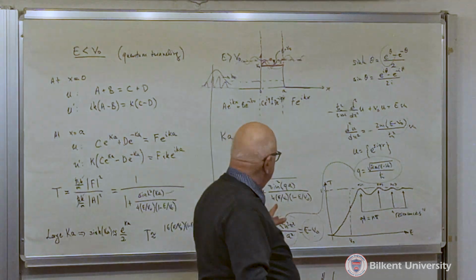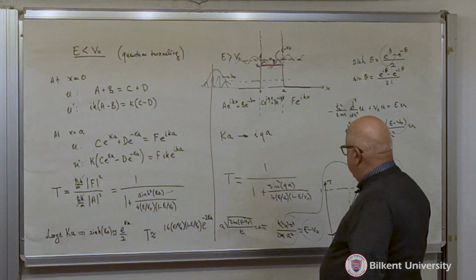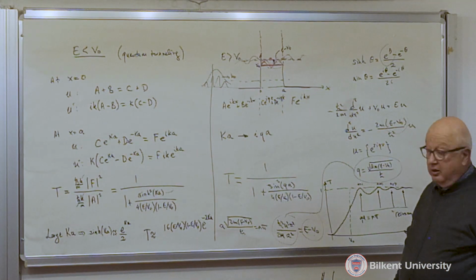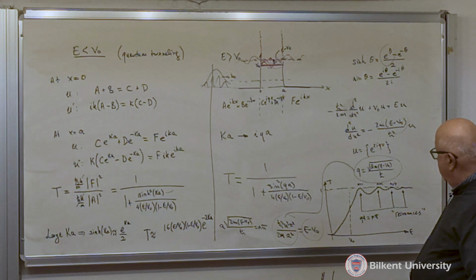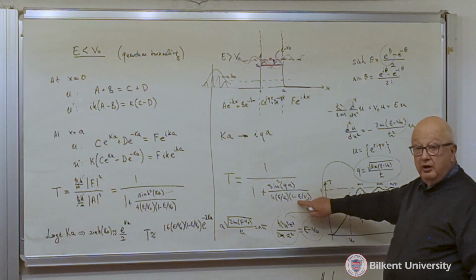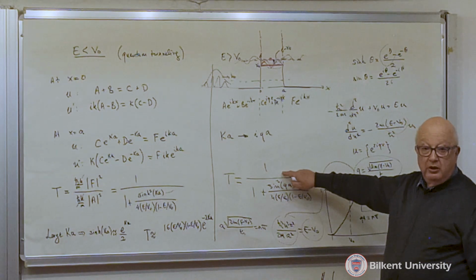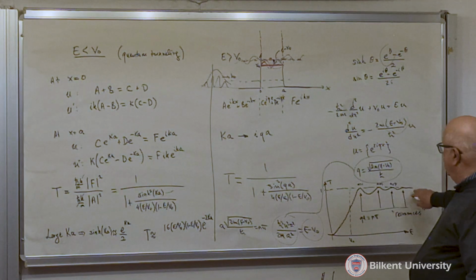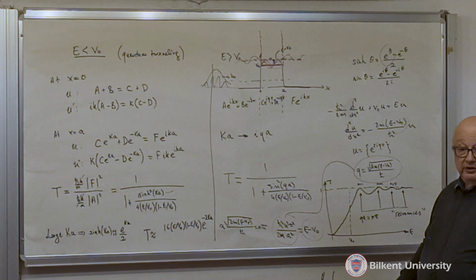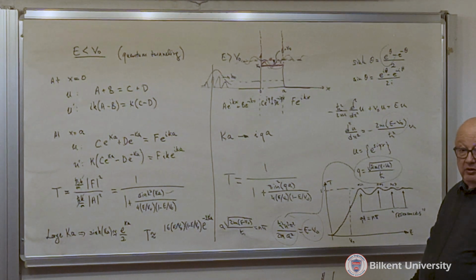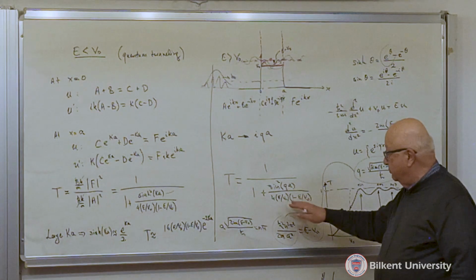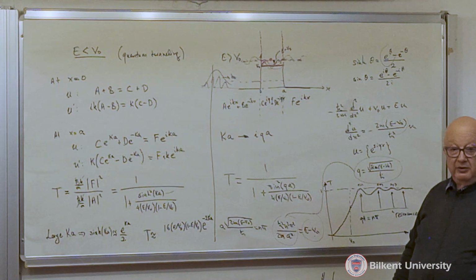If you look at the limit in which E goes to infinity, then you see this term disappears and T goes to 1. So T goes to 1 for large energies. At other points, obviously, you have to put in values and see what happens.